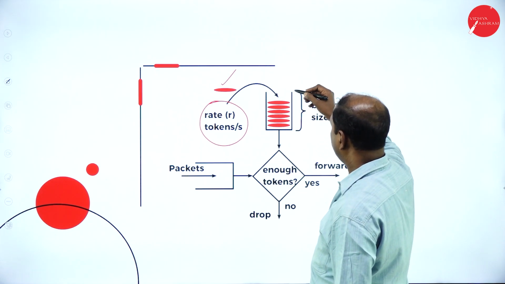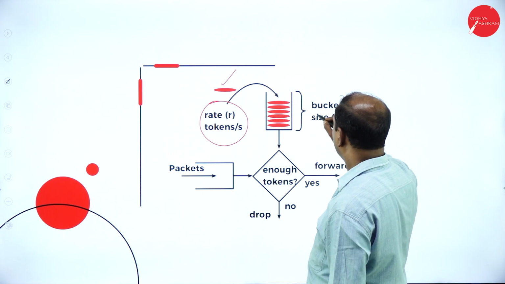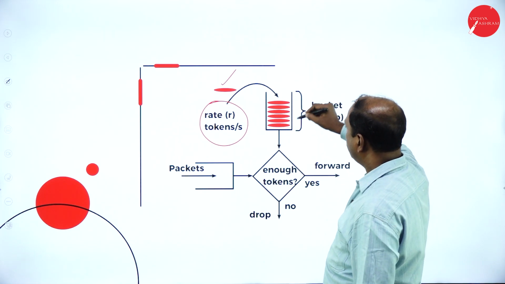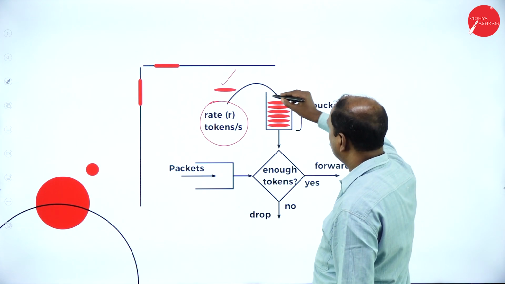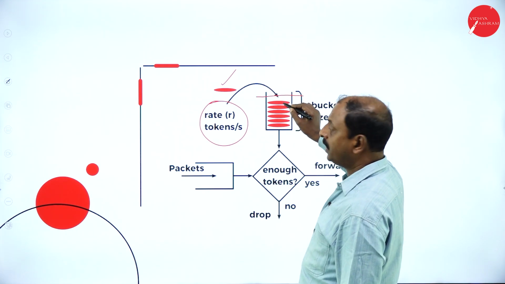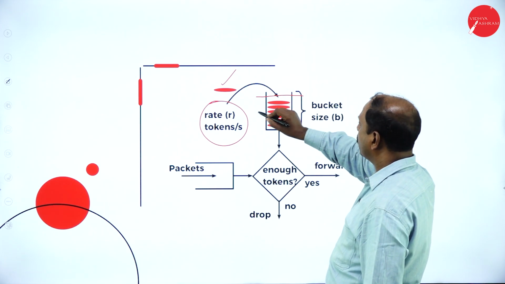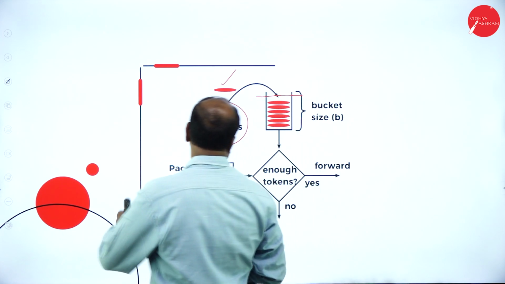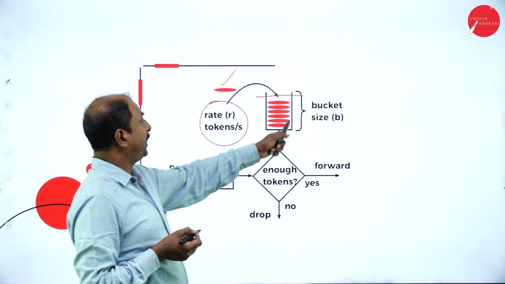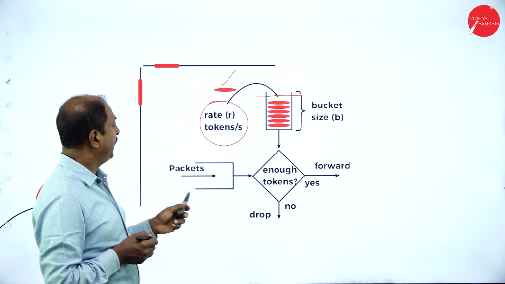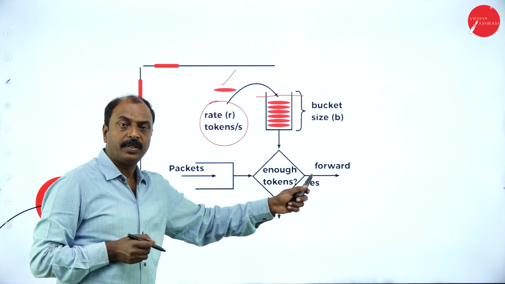And how long is the bucket going to accept them? As long as the bucket size allows, the bucket accepts tokens up to its capacity. Once its capacity is reached, it will not accept any more tokens. Now, when the bucket is filled with a number of tokens, the packets have to travel to the network.